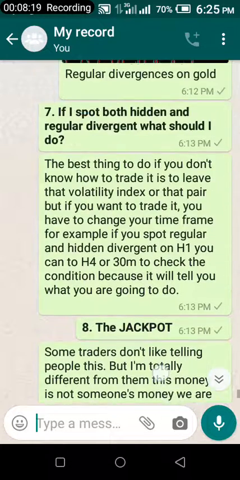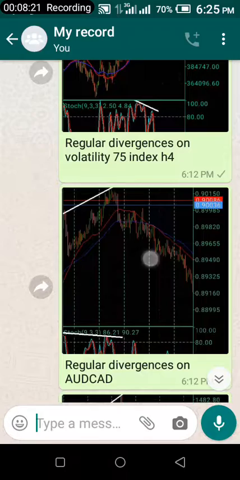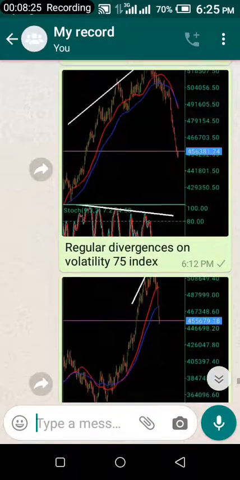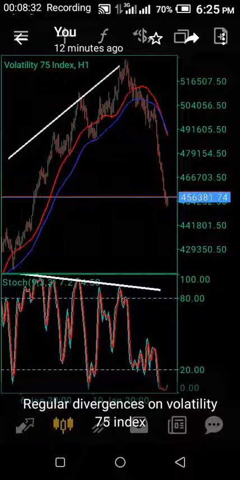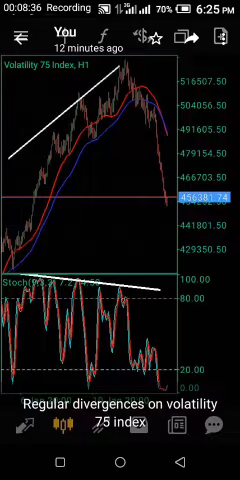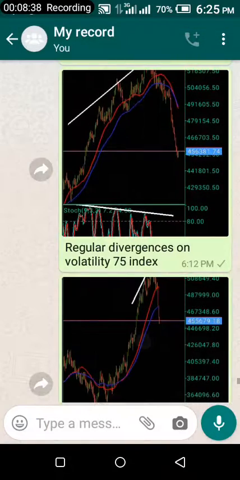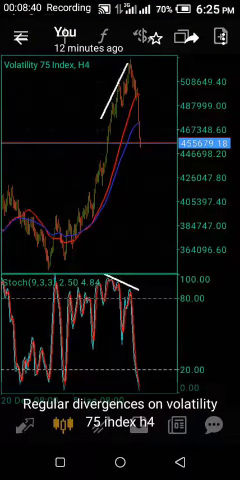Let me show you an example. I've done it here. Look at it. The same day, volatility 75 index. Can you see? The same thing happened. This is a regular divergence on H1. Then on getting to H4, I saw the same thing, a regular divergence.